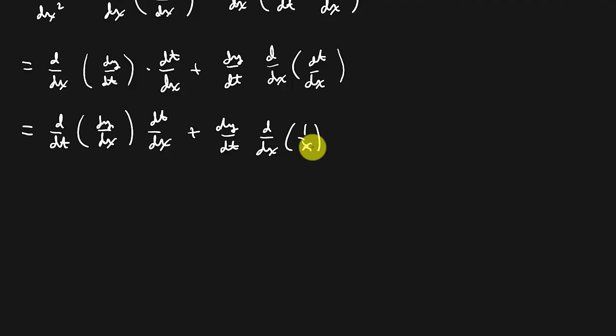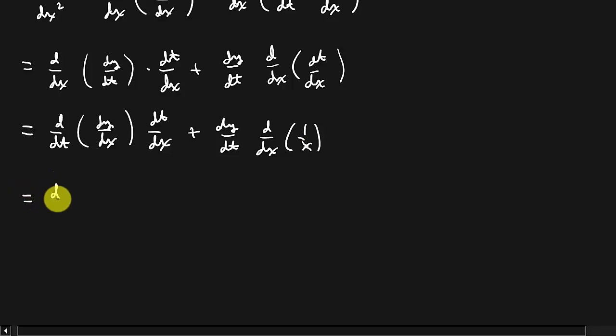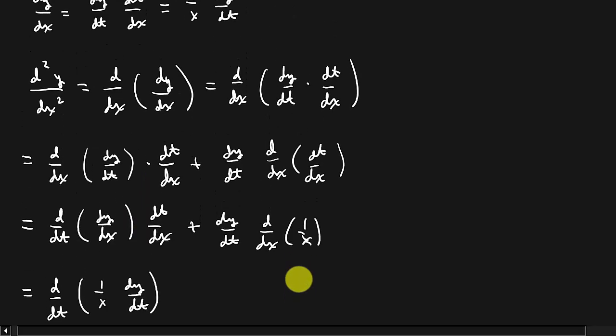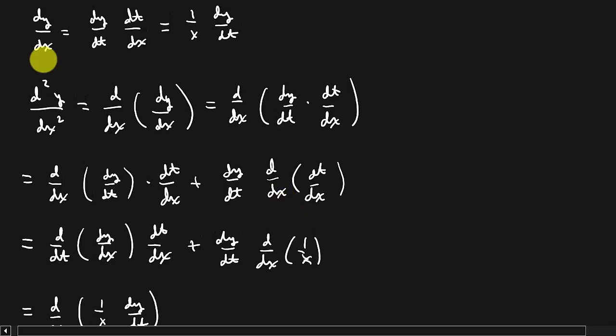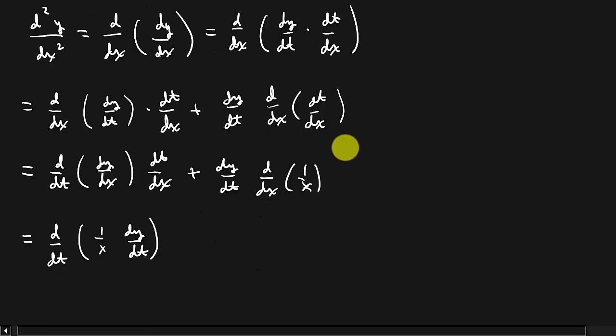Let's see what we've got now. We've got d/dt, and then this is going to be 1 over x dy/dt, because dy/dx is 1 over x dy/dt.